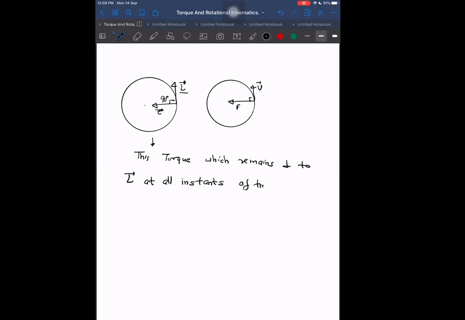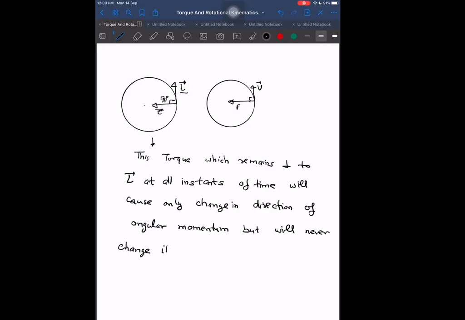At all instants of time, the torque will cause only a change in direction of angular momentum, but will never change its magnitude.